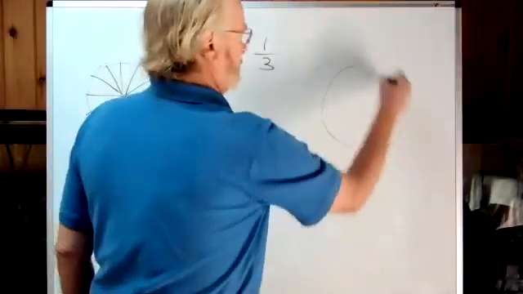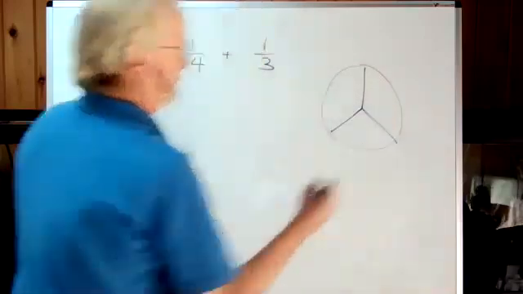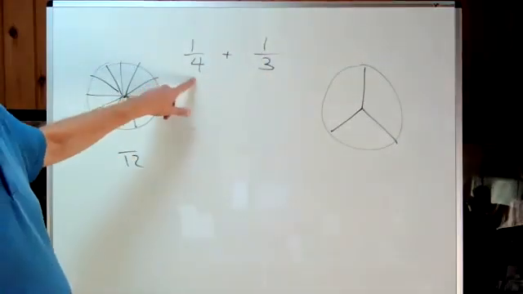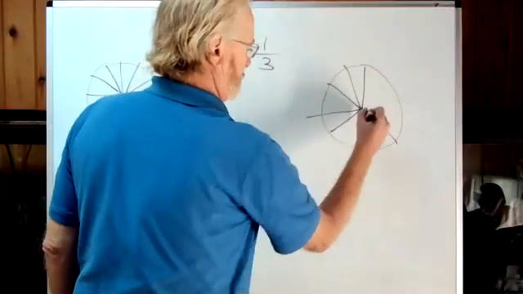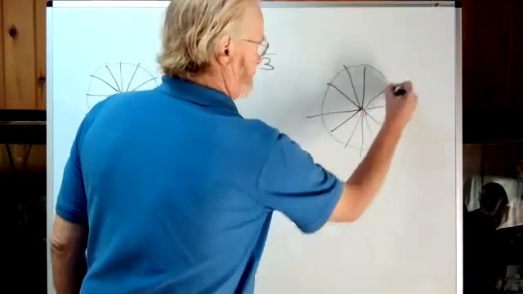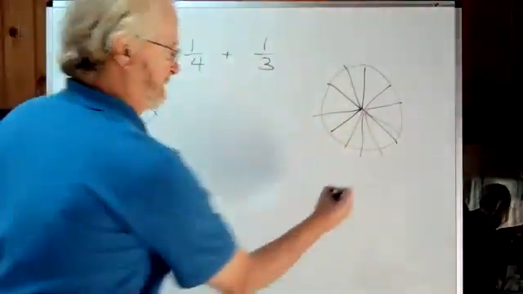And if I took my thirds and divided all the thirds into 4 more pieces, 1, 2, 3, 4, that turned all those into 12ths.